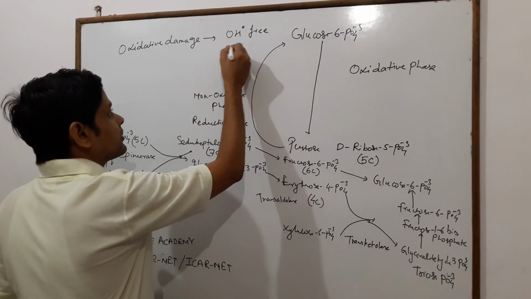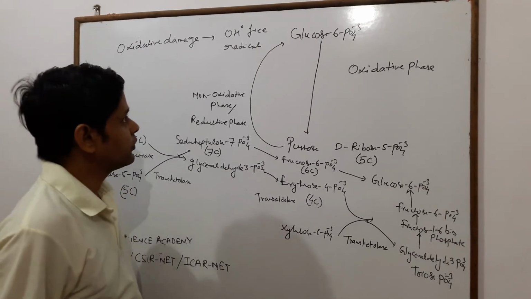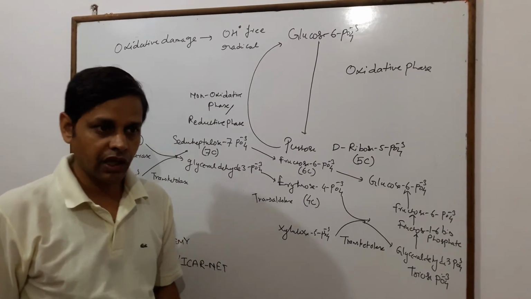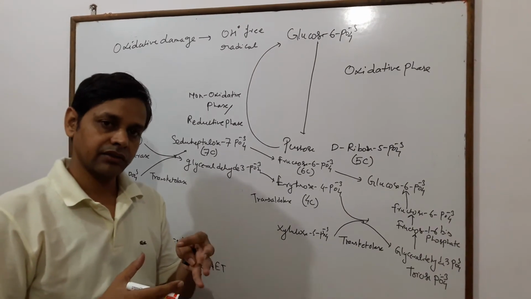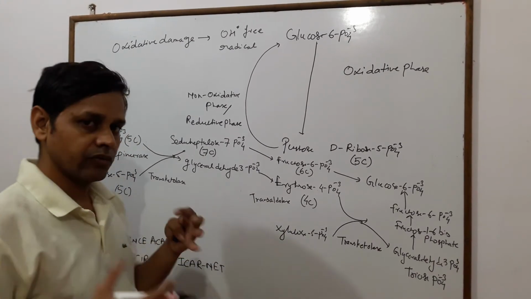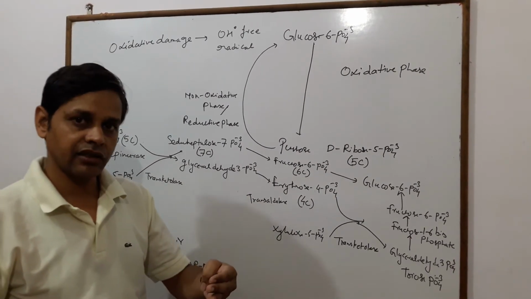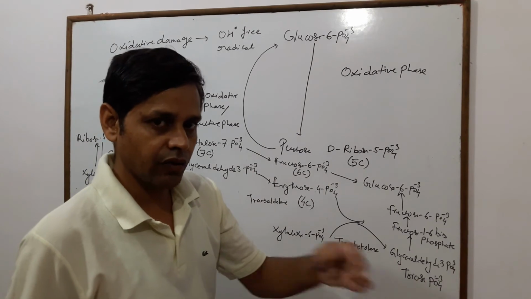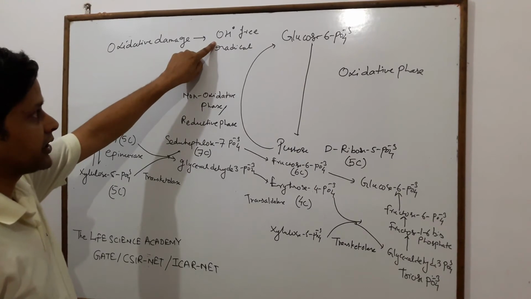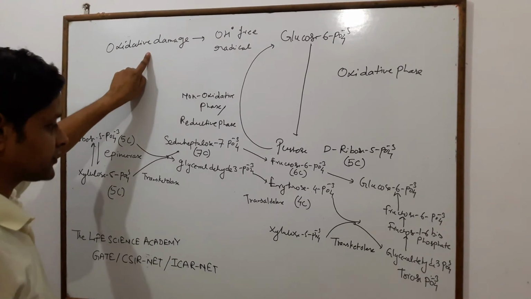This is the ultimate reactive oxygen species which damages the cellular membrane and leaks out the cell content, discharging its components into the environment. This is the main hydroxyl free radical species which causes oxidative damage.